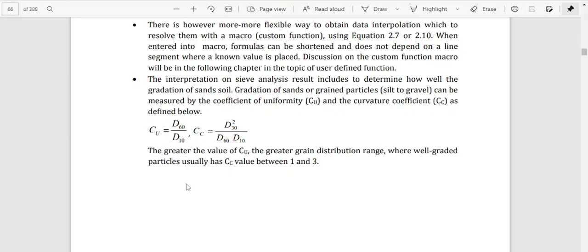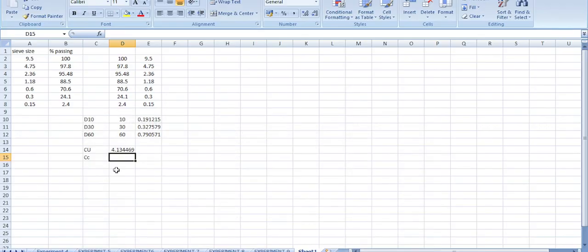So we go D30, D30 raised to power 2 all over D60, you put brackets, D60 times D10, bracket closes.